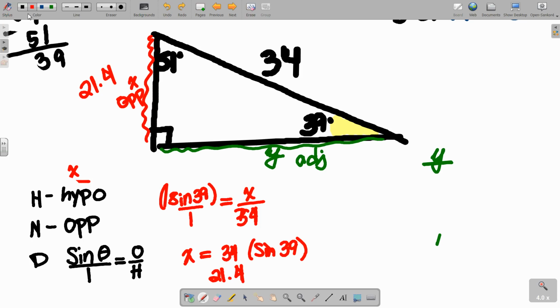Have, need, do for y. For y, we have the hypo. We need the adjacent. Of course, that's cosine.